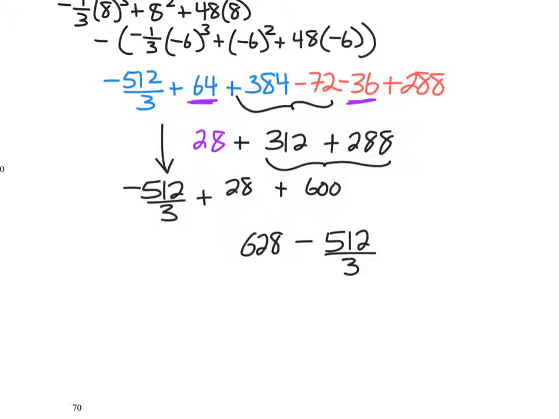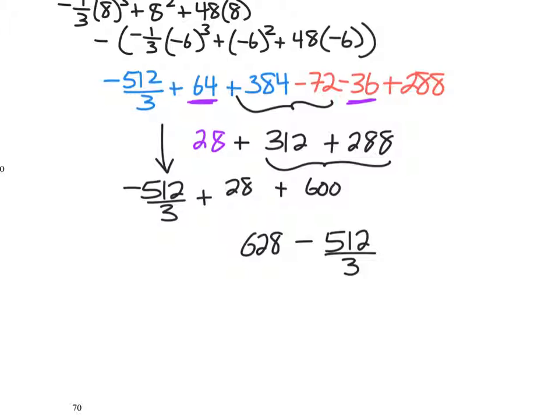Another slightly different approach, instead of getting a common denominator, you could multiply 1800... you're multiplying 28 times 3 and adding those together. But you could change the 512 over 3 into a mixed number and then subtract it off. Because it's over 3, it should be pretty easy to convert that back into a fraction. So it's really kind of dealer's choice at that point.